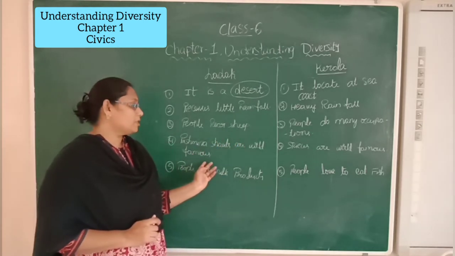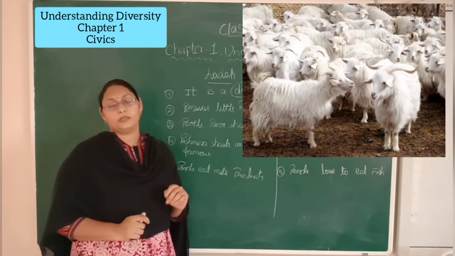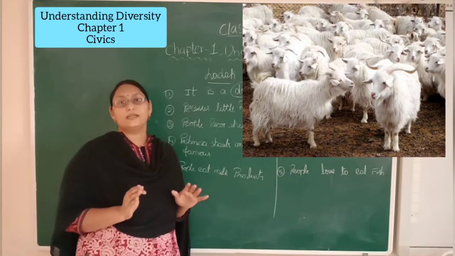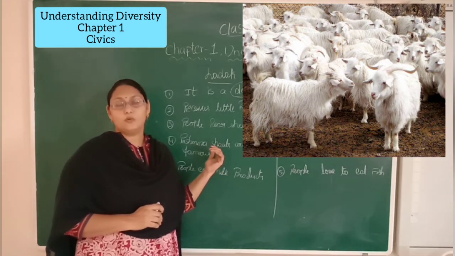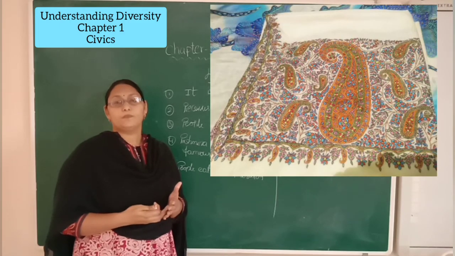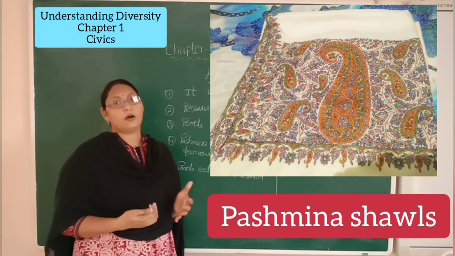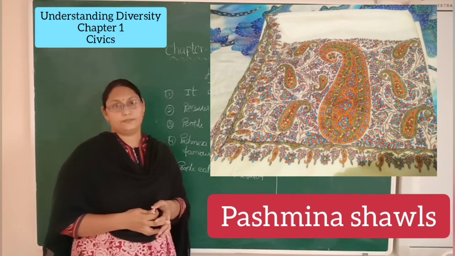The next one is, Pashmina wool is world famous in Ladakh. So the wool which is collected from the sheep is called Pashmina wool. They weave Pashmina shawls out of that Pashmina wool, which are world famous high quality shawls.